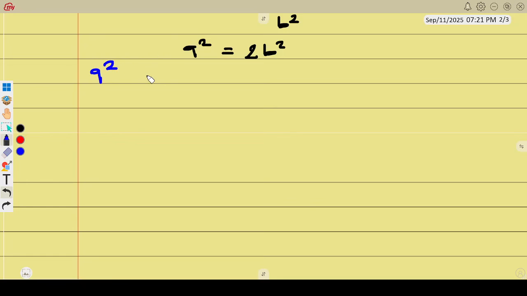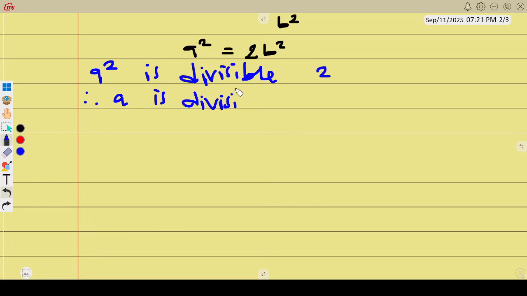So A squared is divisible by 2, the coefficient, therefore A also is divisible by 2. If the big brother can eat chicken, also the little brother can.